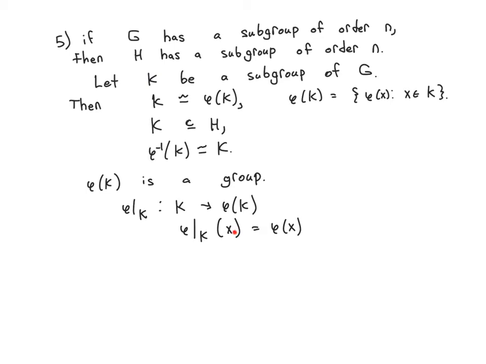So the only difference is you're only allowed inputs from K. And so we've restricted the domain and we've restricted the codomain. So it's not all of H, it's just the elements in H that were actually in the image of K under phi. And so it's not too hard to show that phi restricted to K is still a bijection.